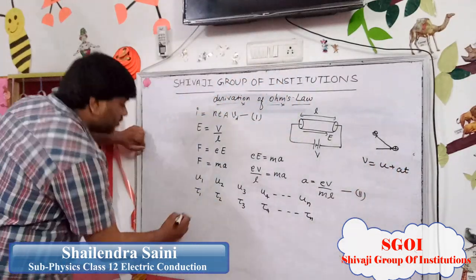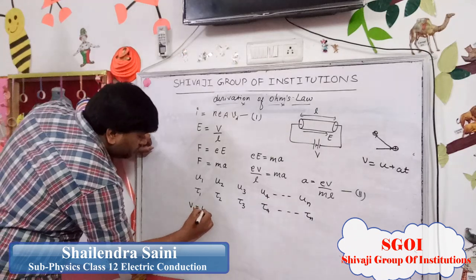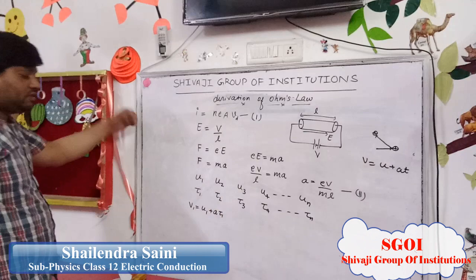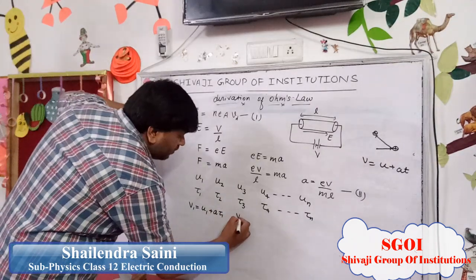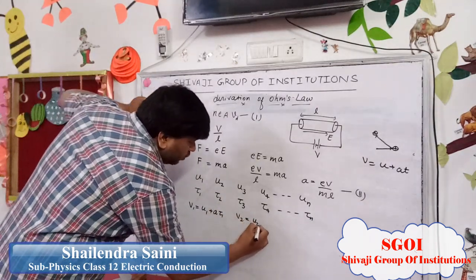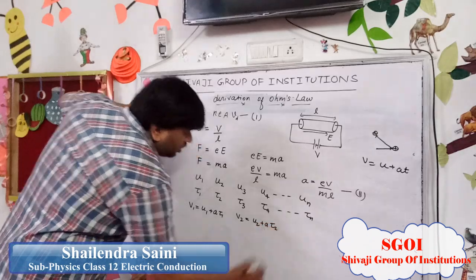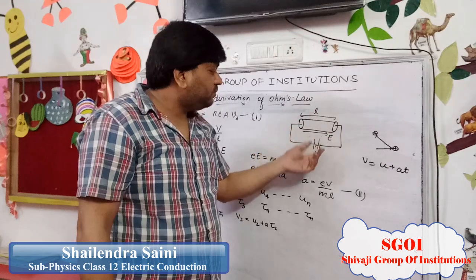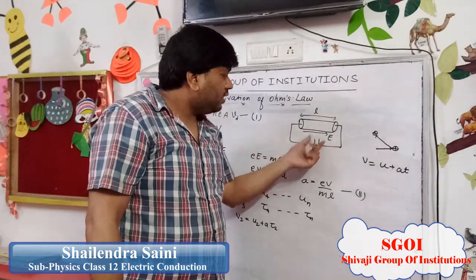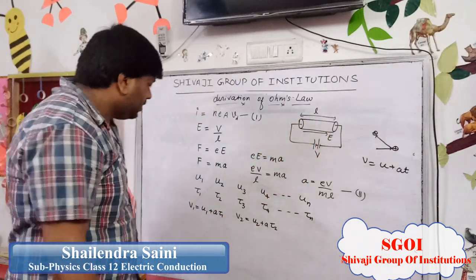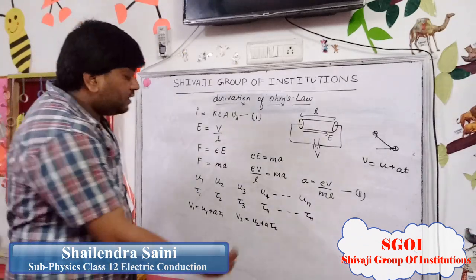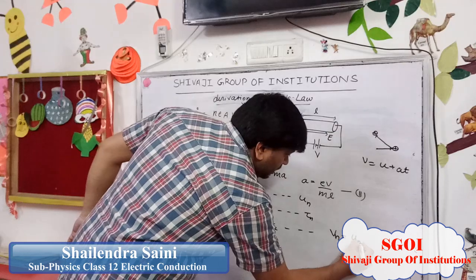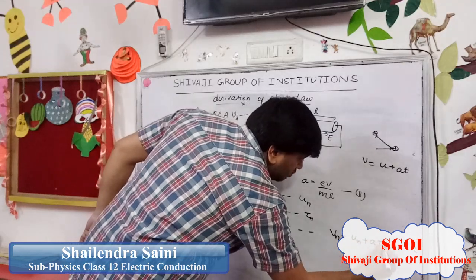For the first electron, this velocity v1 equal to initial velocity u1 plus acceleration a times the time interval between successive collisions tau1. Similarly, v2 is equal to u2 plus a tau2, because the acceleration would be constant. It is not different for different electrons, because all the electrons would be accelerated in the same manner. Finally, vn equal to un plus a tau n.